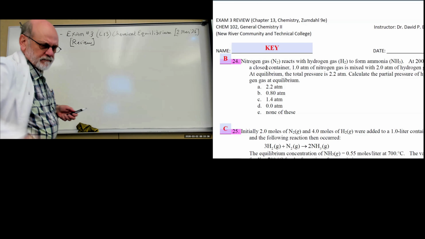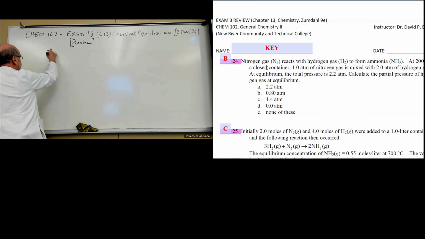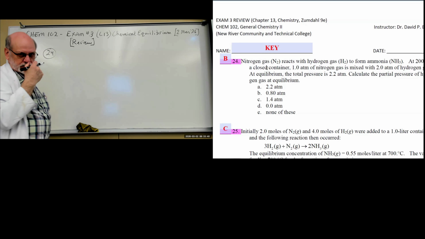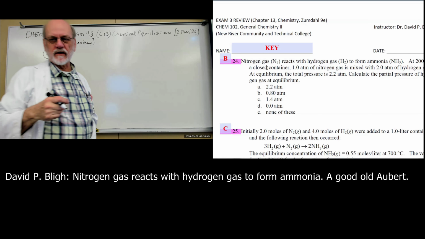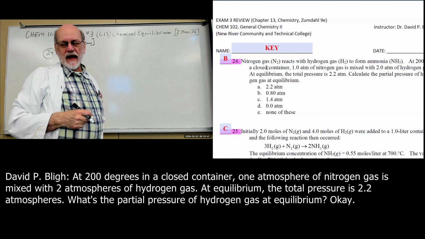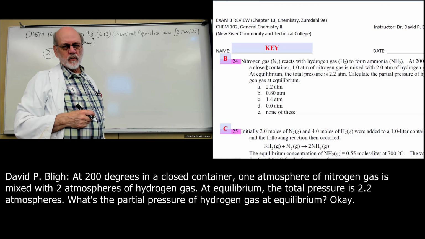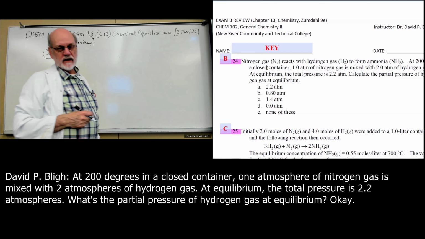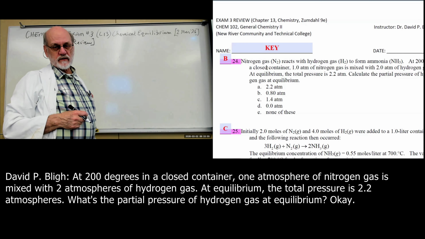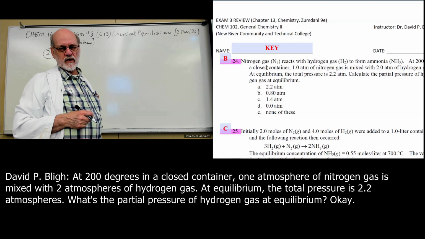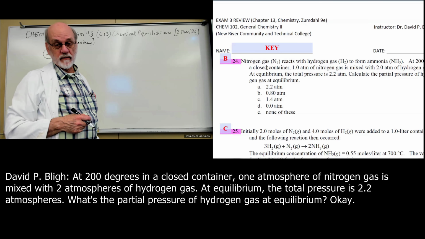Next one, 24. Nitrogen gas reacts with hydrogen gas to form ammonia. Good old Haber. At 200 degrees in a closed container, 1 atmosphere of nitrogen gas is mixed with 2 atmospheres of hydrogen gas. At equilibrium, the total pressure is 2.2 atmospheres. What's the partial pressure of hydrogen gas at equilibrium?